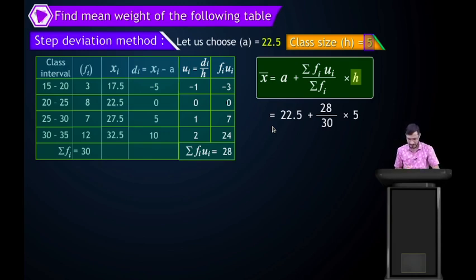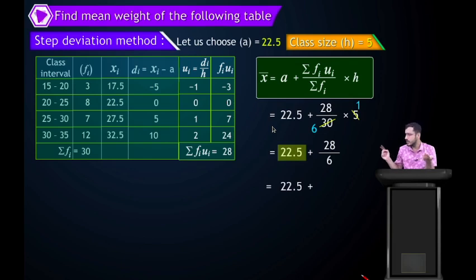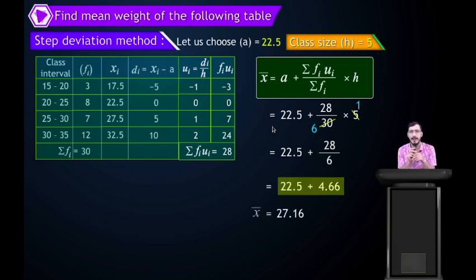Now solve these numbers: 5 times 6 is 30. So 22.5 plus 28 divided by 6. We got here 4.66. Now add 22.5 plus 4.66, so x bar is equal to 27.1.